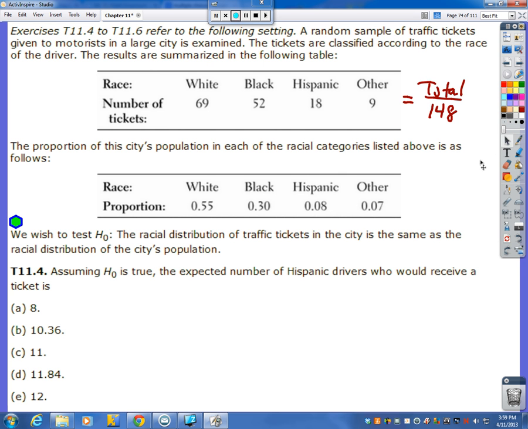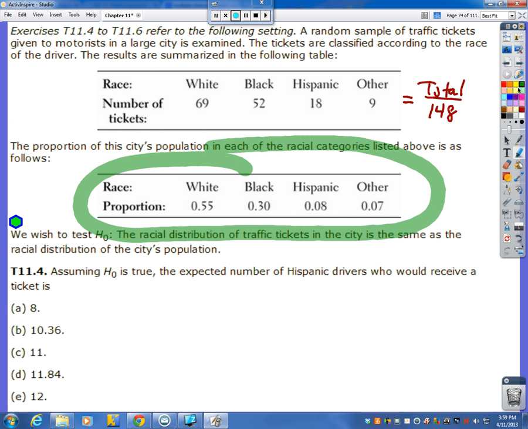So the expected count is a little different. This is where we have to use the percentages. We had 148 tickets total, and we expect 8% of them to go to Hispanic people.